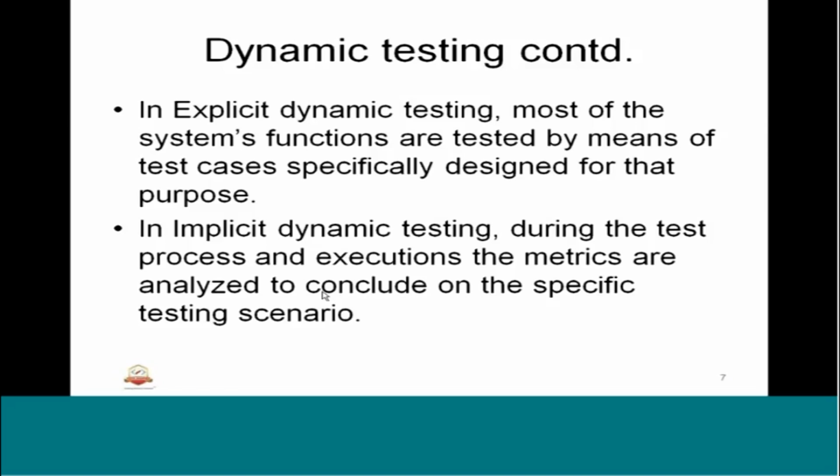That is why it is called implicit testing. Another example is security. For instance, it can be tested by reviewing the security regulations, and how the security aspects are implemented and how they behave. All this can be tested implicitly. So that is about implicit dynamic testing.